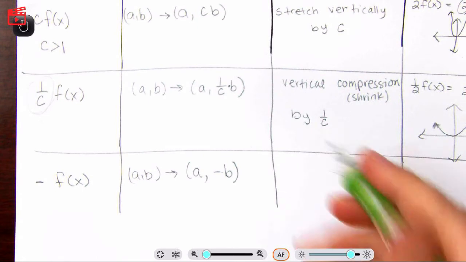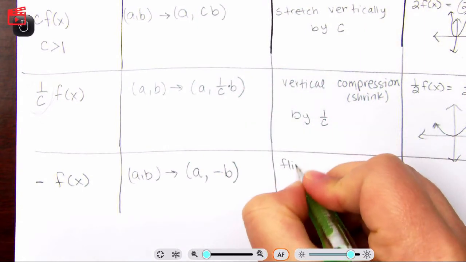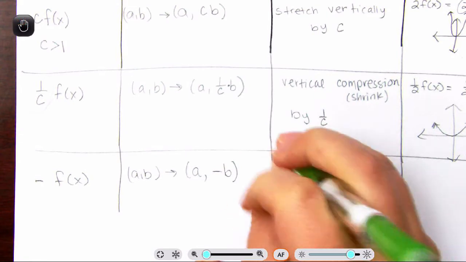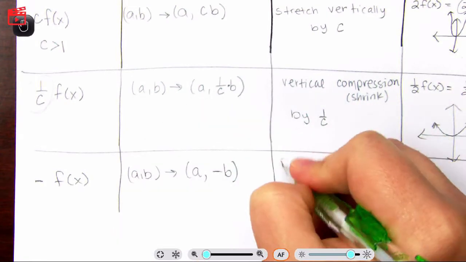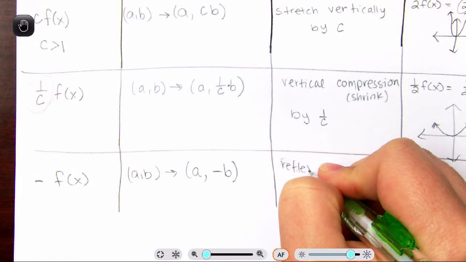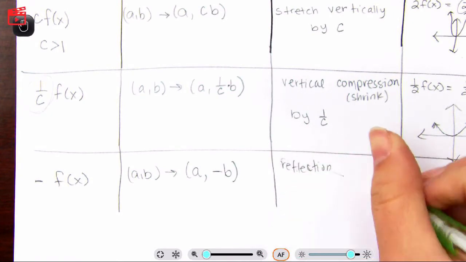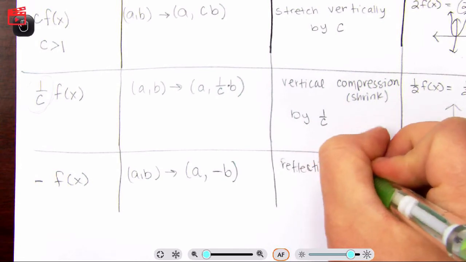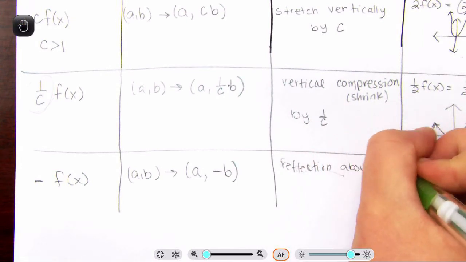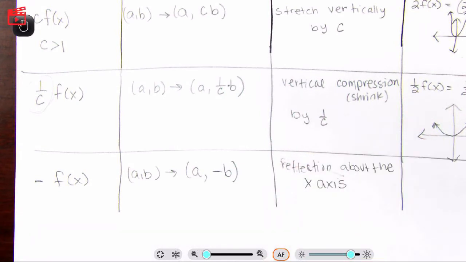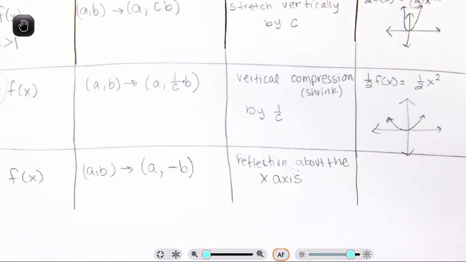So what's happening here? We are flipping over, or let's not say flip over. This is a reflection. We're more fancy than flip over. Reflection about the x-axis. So the change is still vertical, but what we're doing is flipping across the x-axis.